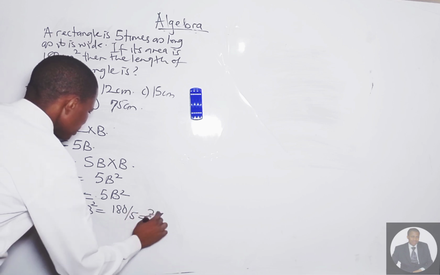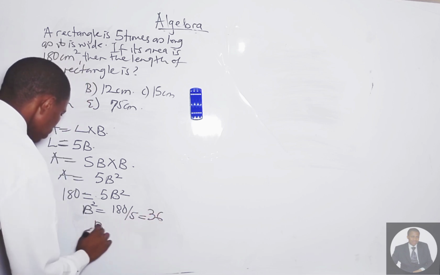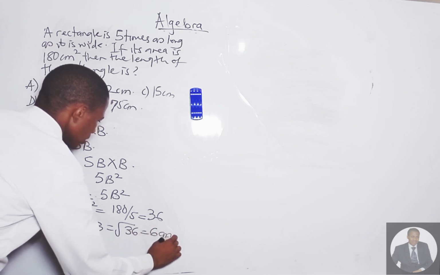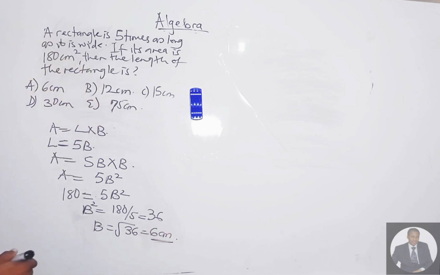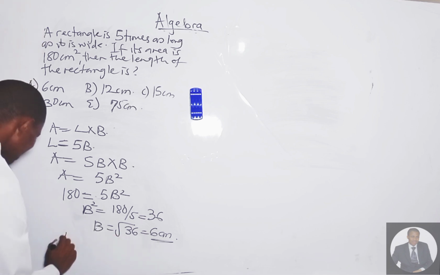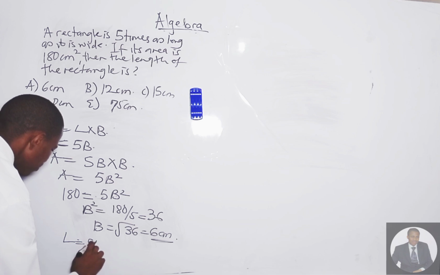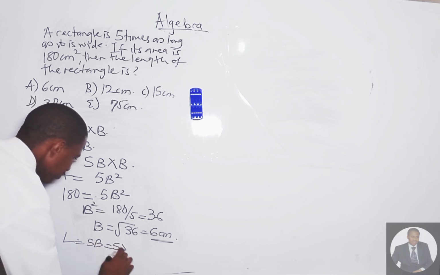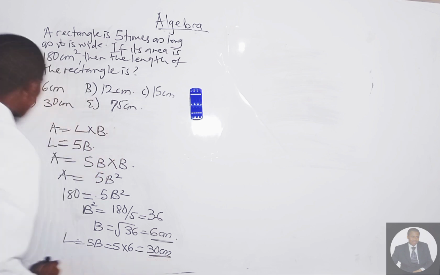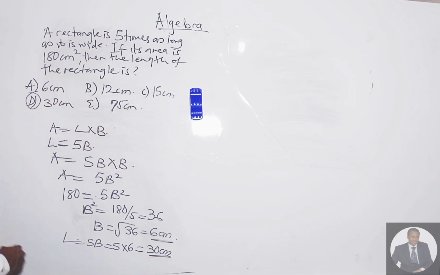That should give us 36. So b will be the square root of 36. That's 6 centimeters. Now, if our breadth is 6 centimeters, what will be the length? Length now is 5b, and that will be 5 times 6. That's 30 centimeters. So 30 centimeters, D becomes our answer over here.